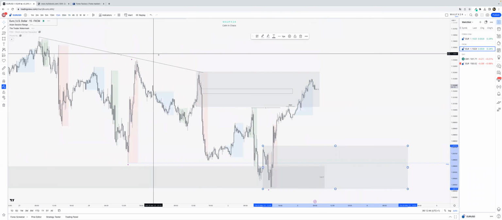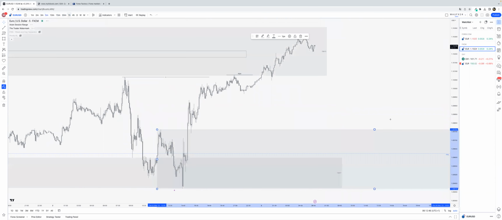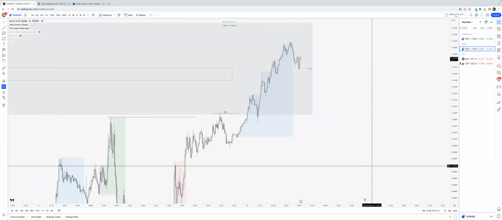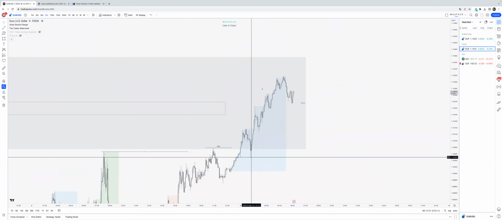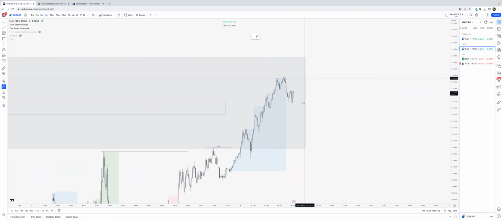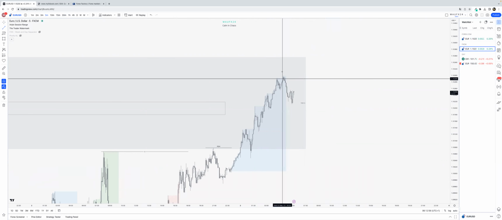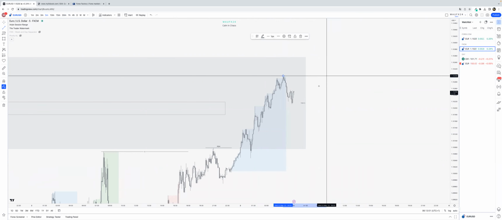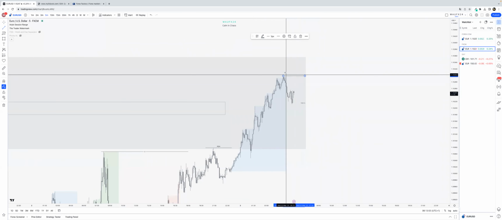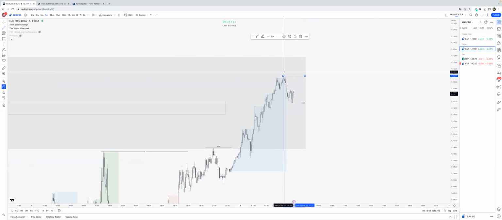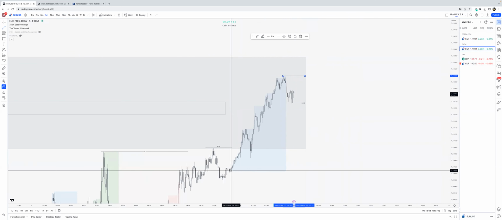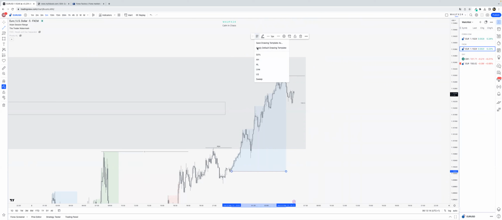Now let me check on the 15-minute and the 5-minute what EU is doing. We can clearly see a bullish structure being formed. We got our Asia high up here. Sorry, is that Asia high? Yeah. So we got Asia high and our not really valid Asia low. Why is it not really valid? Well, it's not really a structure point.